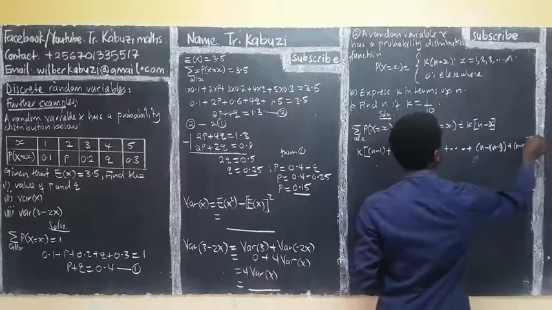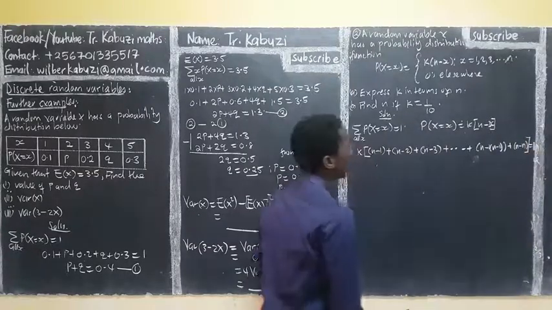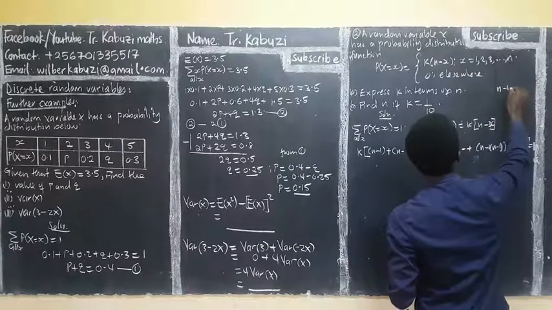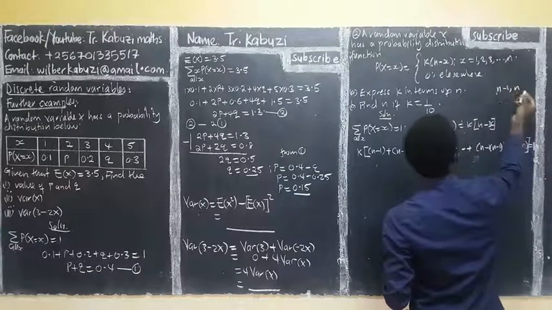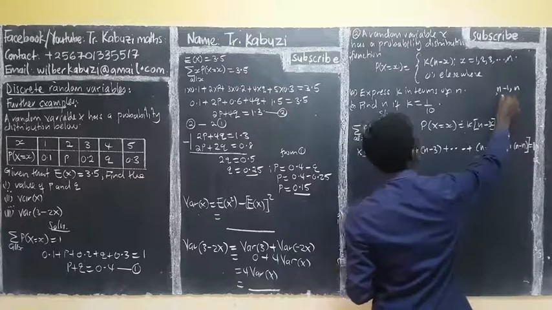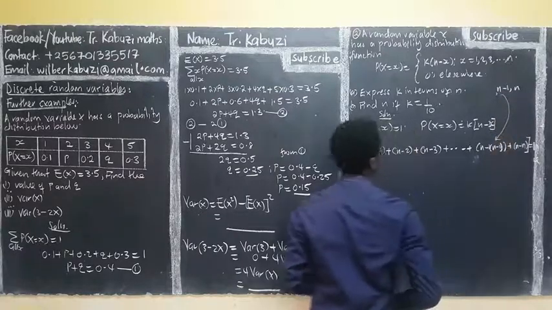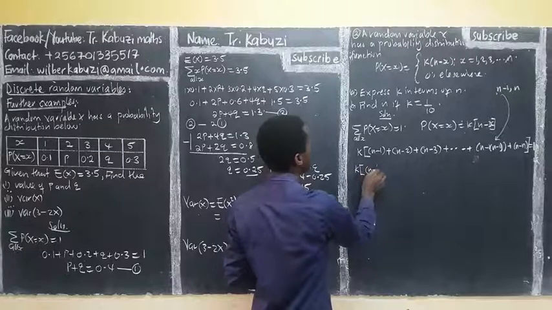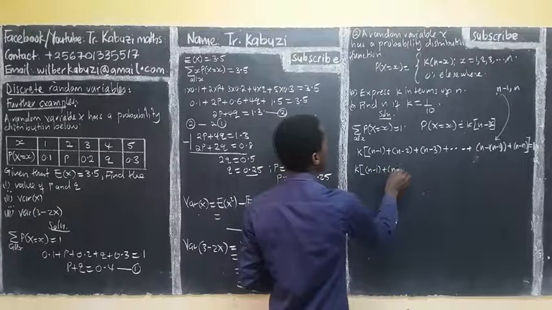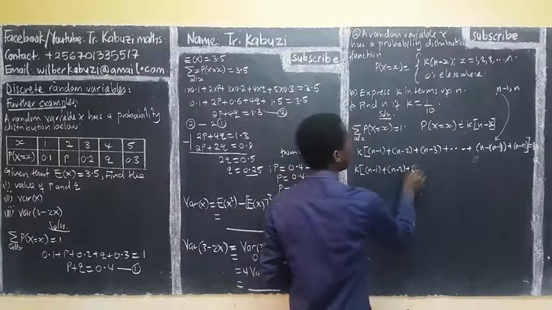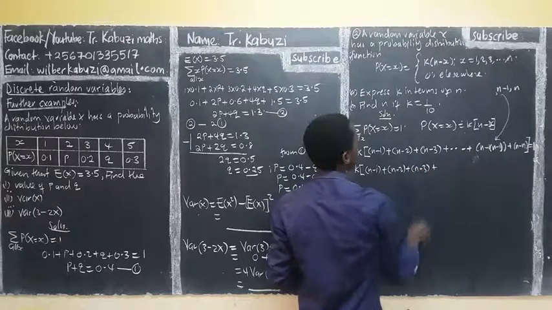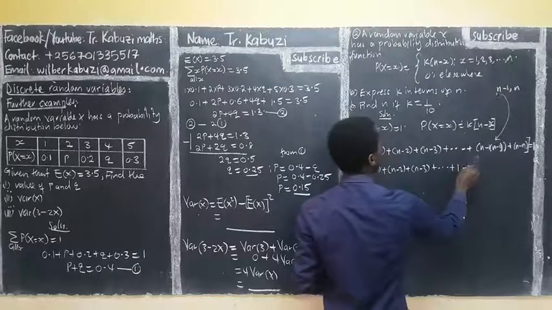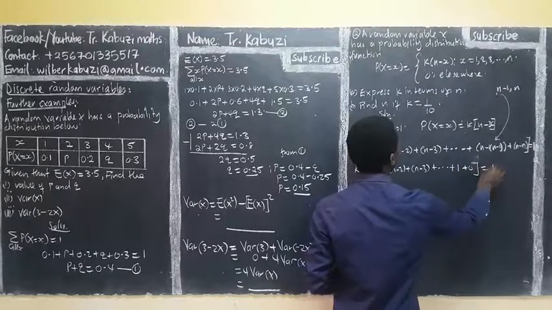So all of this is in brackets. So now this will be k into (n minus 1 plus n minus 2 plus n minus 3 plus up to when I reach plus 1, then plus 0) equal to 1.